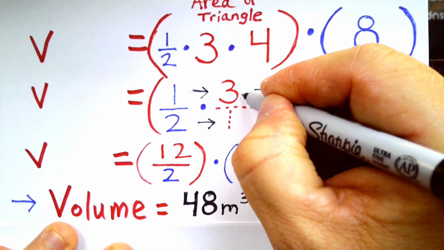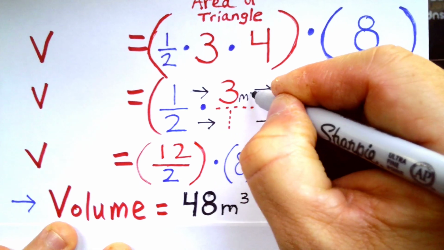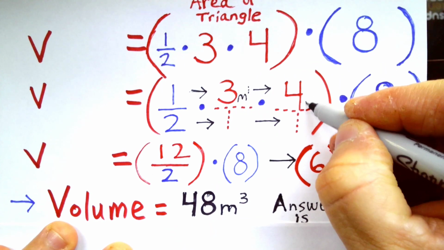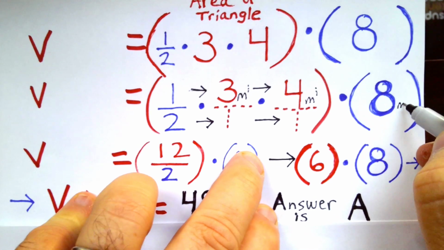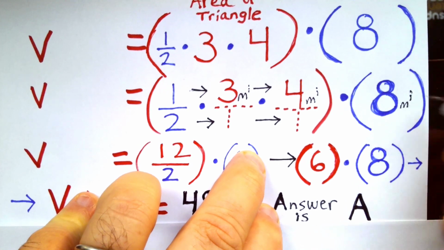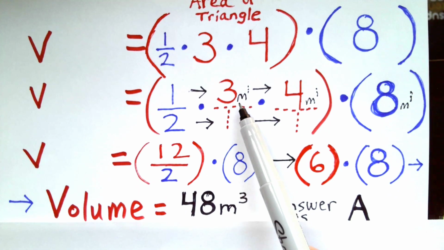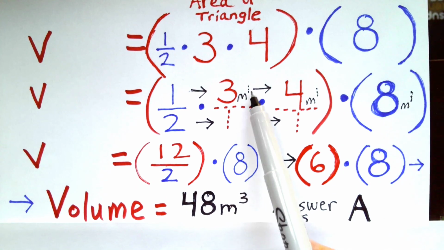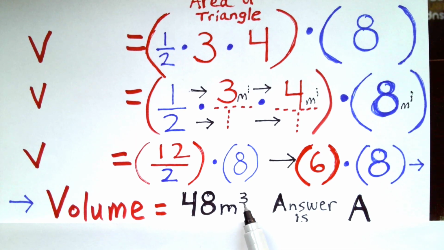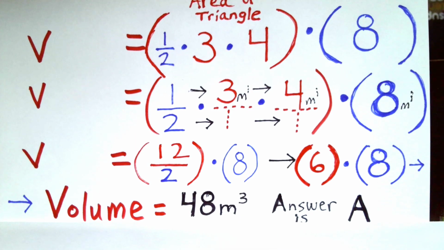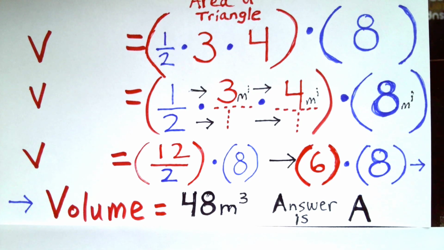This would be meters to the first power, meters to the first power, and meters to the first power. When you multiply and the bases are the same, you add the exponents. 1 plus 1 plus 1 is 3, meters cubed. That's the reason you get meters cubed. The answer is 48 meters cubed, A.